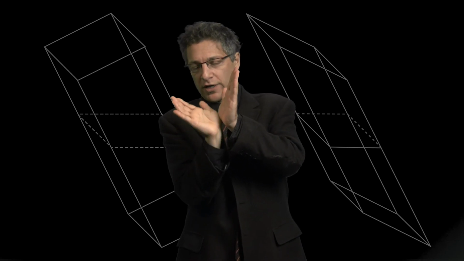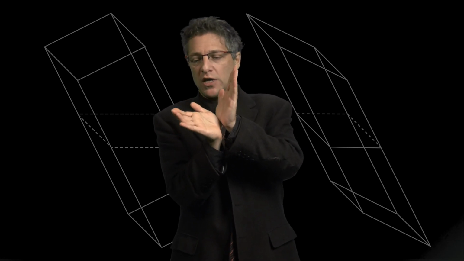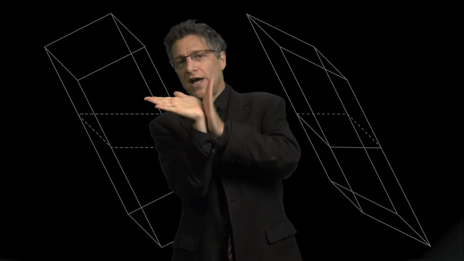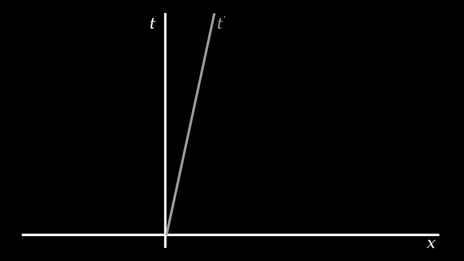This idea of the axis is familiar to you, because if you have an xy graph in the usual way, the x-axis are just all the points where y is 0, and the y-axis are all the points where x is 0. So the t' axis is just all the points where the 0 point of x' goes along.